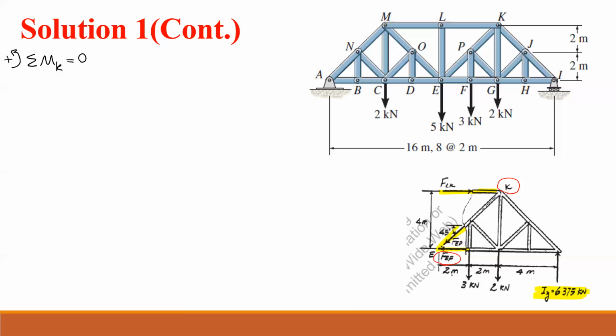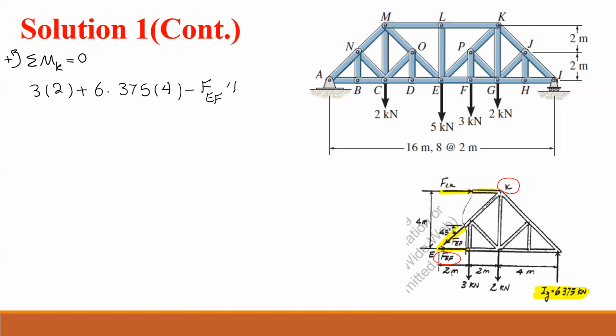Let's say counterclockwise is positive. So all I have is 3 kilonewton multiplied by 2 meters, plus the reaction, 6.375, multiplied by the distance from K, which is 4 meters, and FEF makes a clockwise moment, so it's negative.